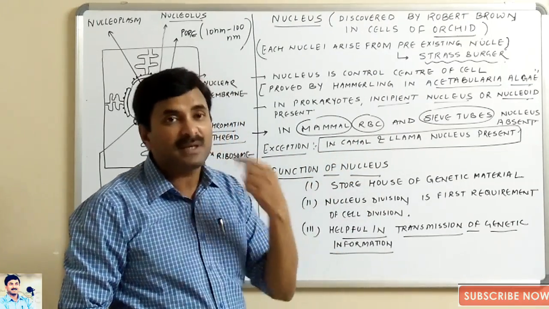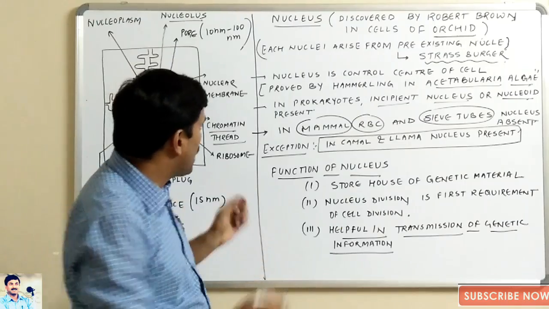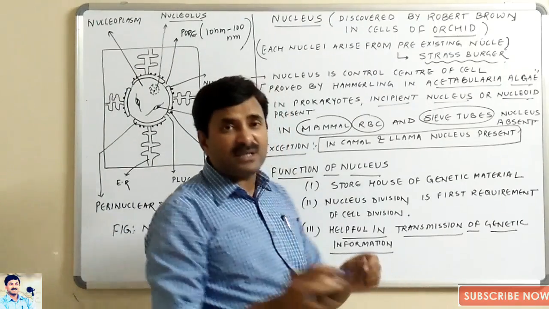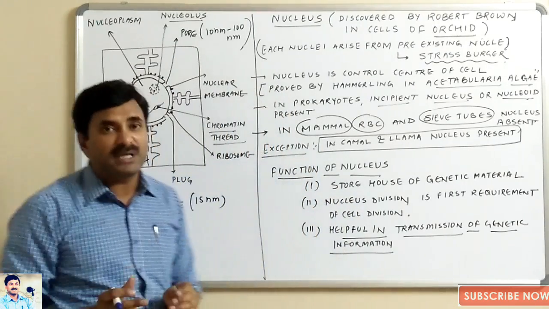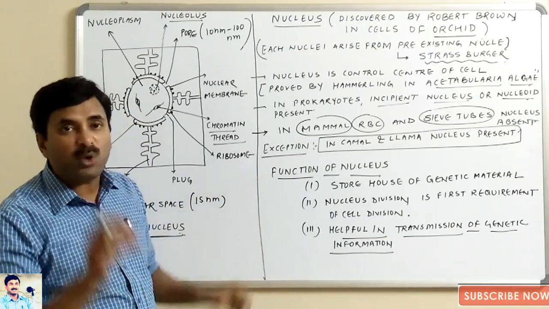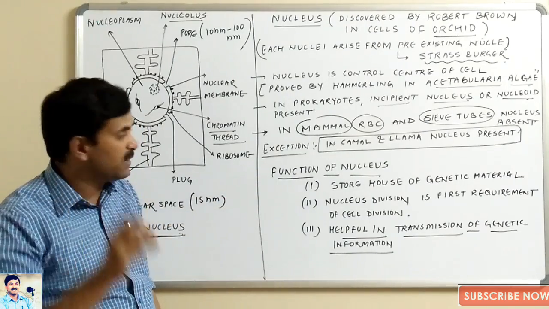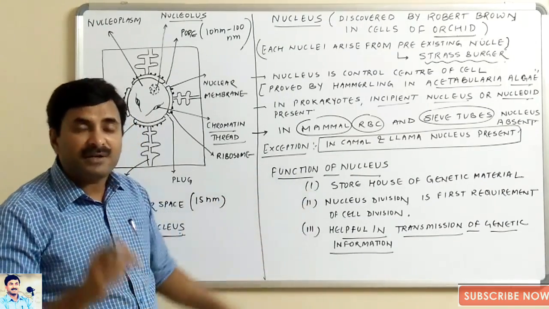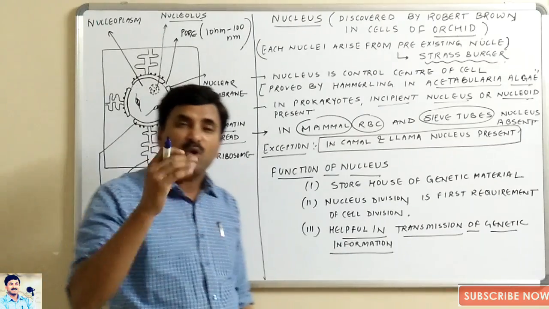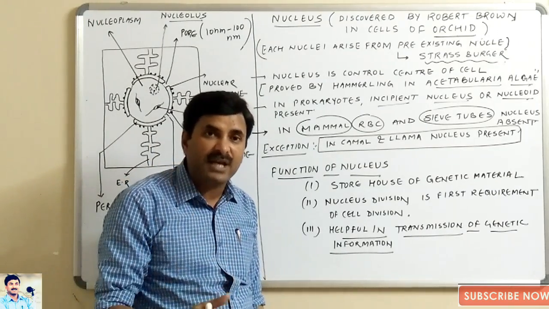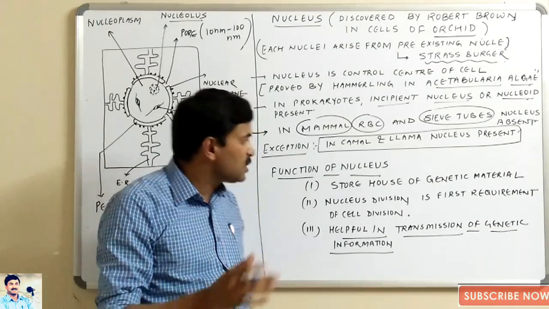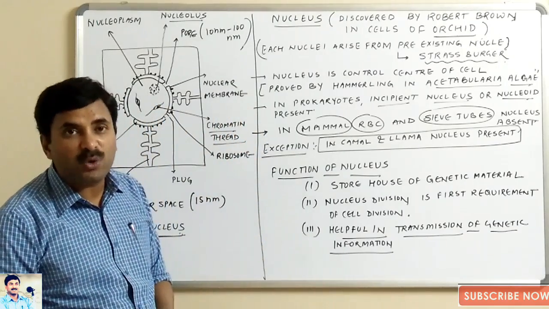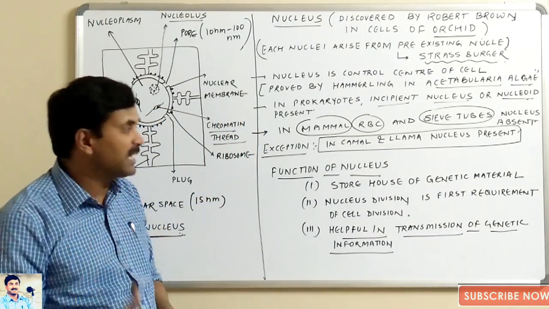Okay, now before discussing the details of the nucleus, you must know the chief function of the nucleus. As we know very well, the nucleus consists of chromosomes, DNA and genes. So I can say that it is a storehouse of the genetic material.